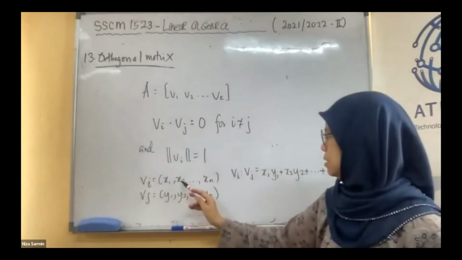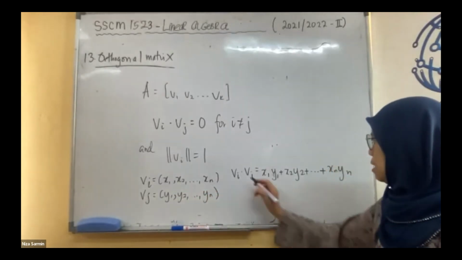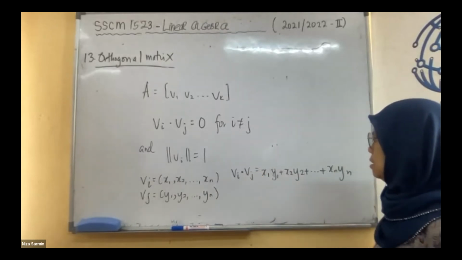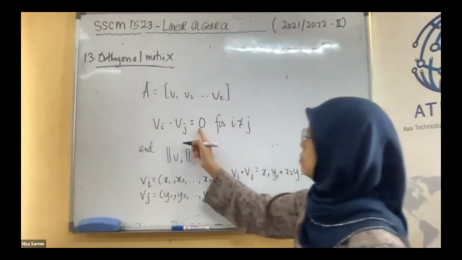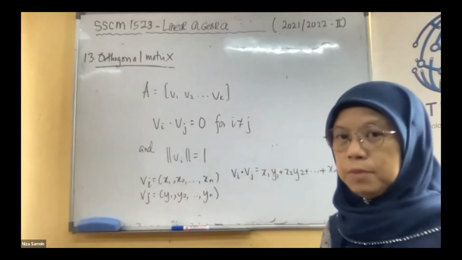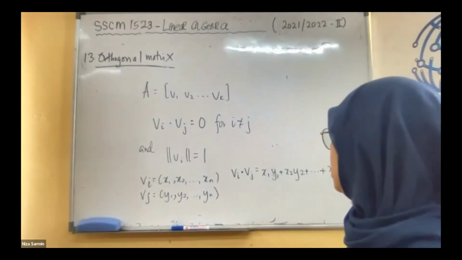This times this plus this times this, and this has to be 0 for A to be an orthogonal matrix.